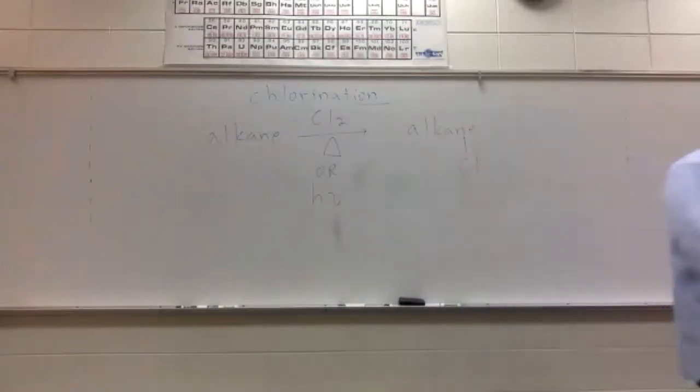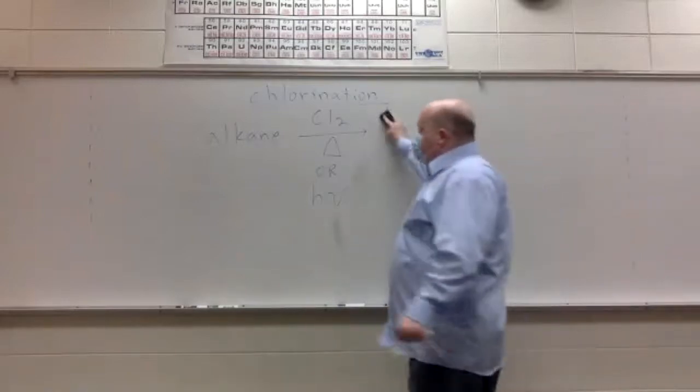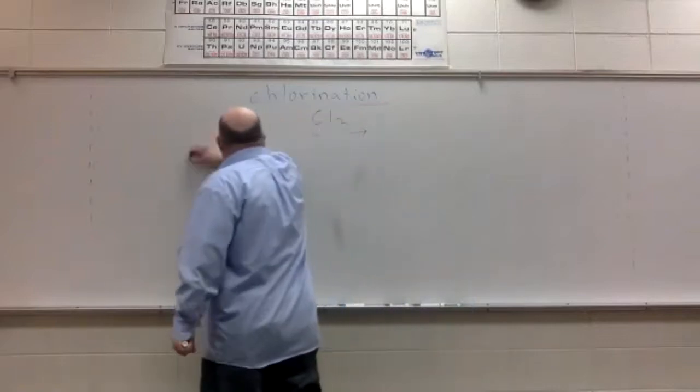And that results in an alkyl chloride. So that's really nothing too new compared to what we did in lab the other day. However, one thing we haven't talked about is the mechanism. So let's go over the mechanism.